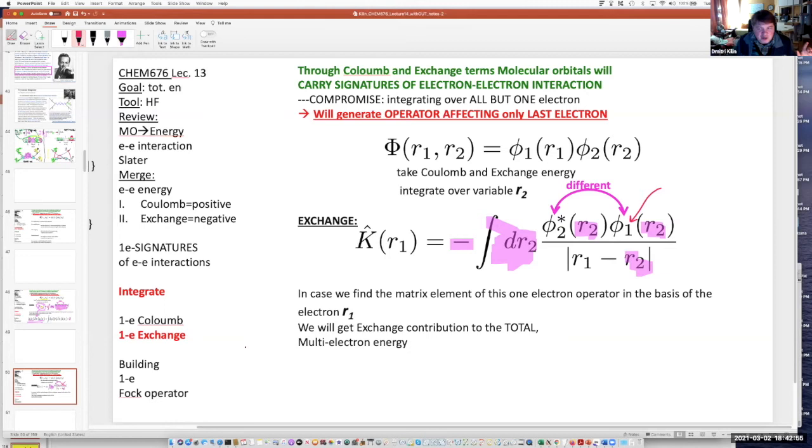So in the previous expression, we had the same electrons here and there, same orbitals. Now we have different orbitals. So electron number 2 decided that it wants to swap its orbital, to exchange its orbital. And this term will be a negative contribution to this partial hybrid, partial operator that will act only on one electron.